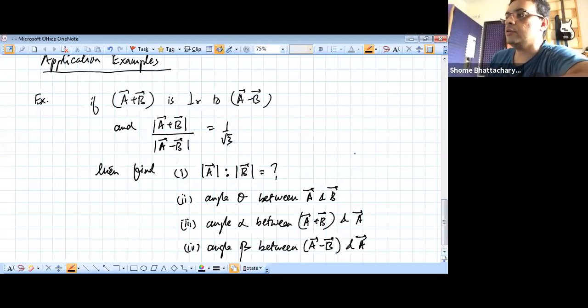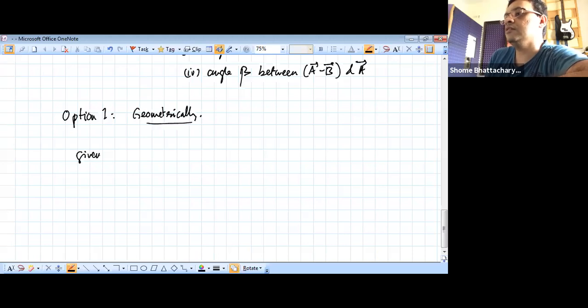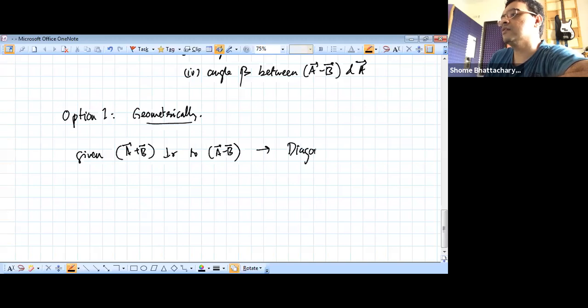So I'm just giving you a couple of hints on how to solve this problem. Option one is you can solve geometrically. Given A plus B is perpendicular to A minus B, it means that the diagonals of the vector parallelogram are perpendicular to each other.